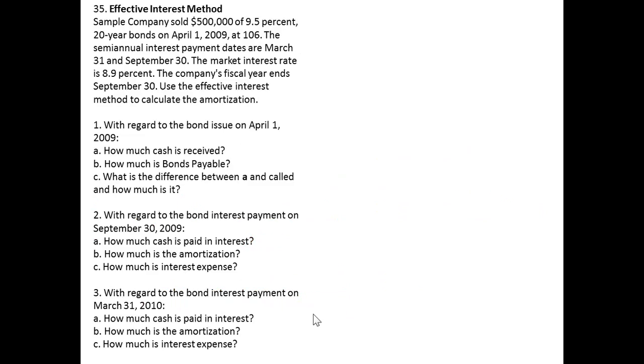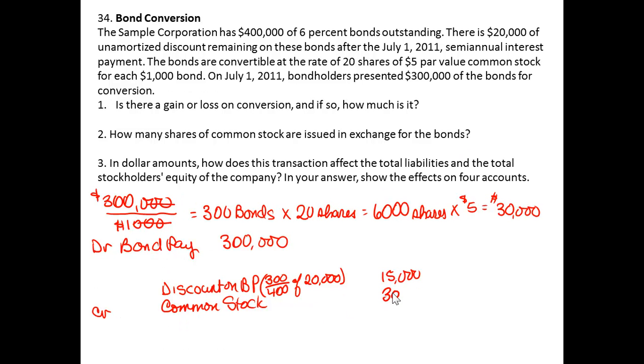Let me move this over. And I look at this and say, this doesn't balance. And we cannot have a gain or a loss on conversion. So what we use instead is the account paid in capital in excess of par, or just paid in capital, or you'll hear me call it pink, for the difference.